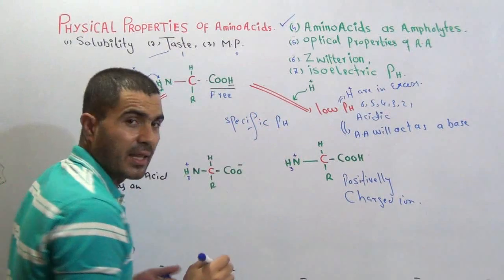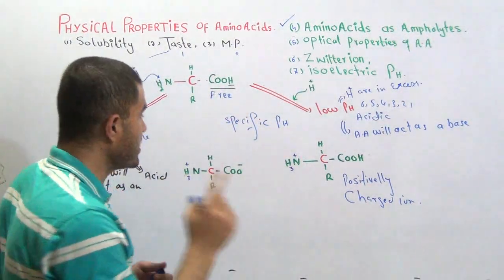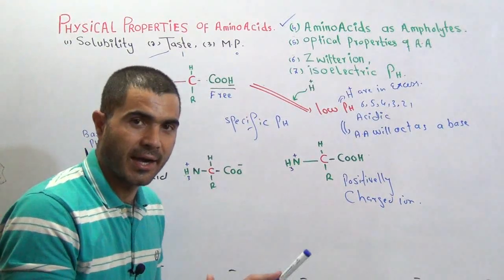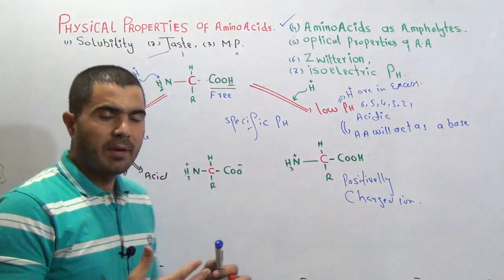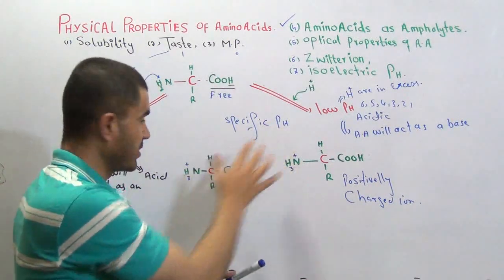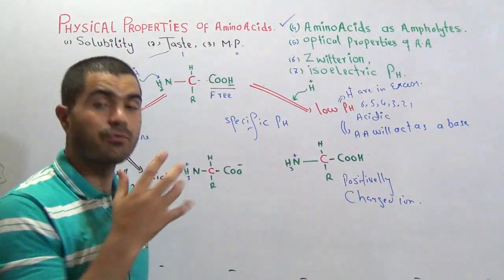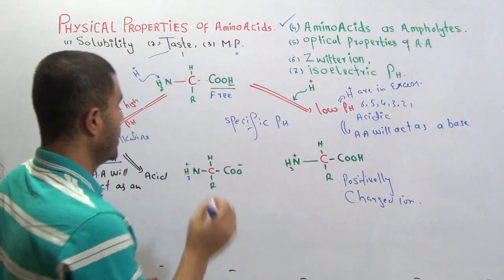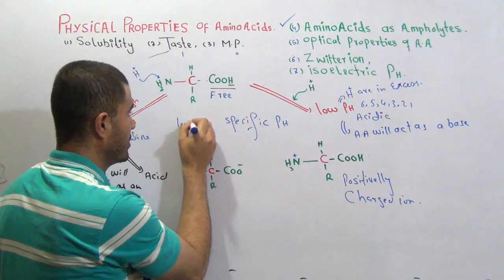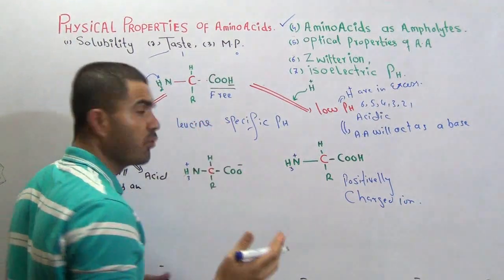That specific pH will make the amino acid a Zwitterion. Different amino acids have different specific pH to become a Zwitterion. For example, leucine. Leucine is a very well-known amino acid.